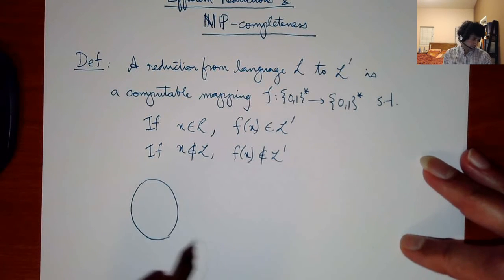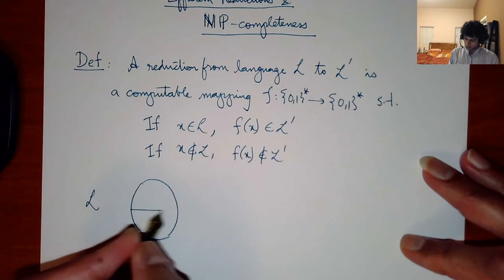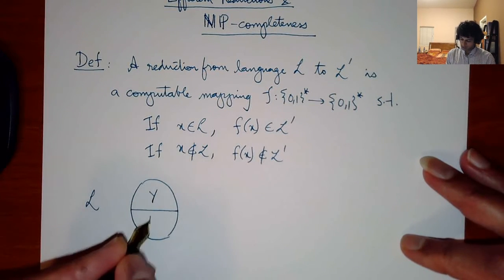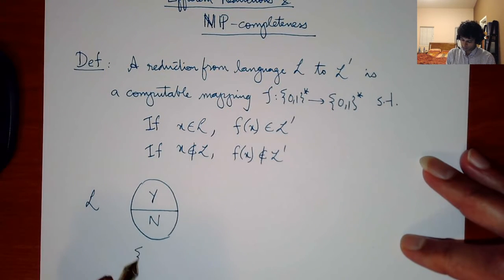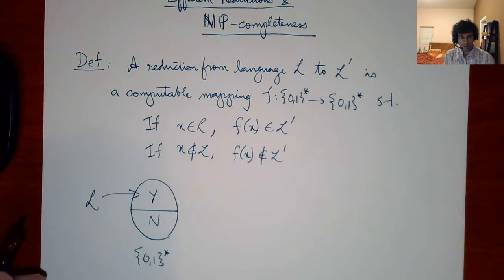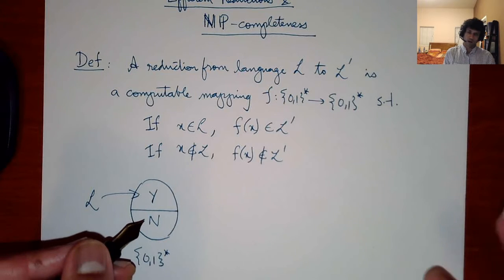It's useful to have this picture in mind. If this is L, what we like to think of are yes instances and no instances. Maybe it's better to think of this as the universe of all strings, and that is L. The strings that are in the language, we call yes instances, and the strings that are not in the language are no instances.